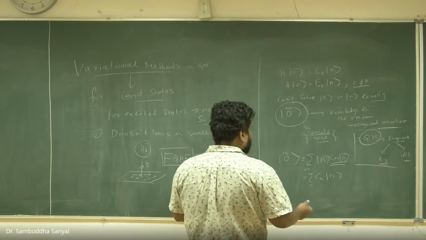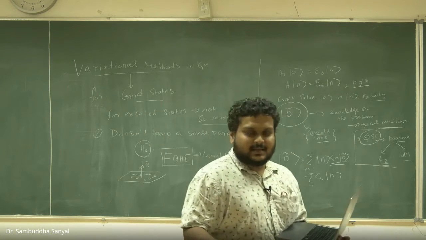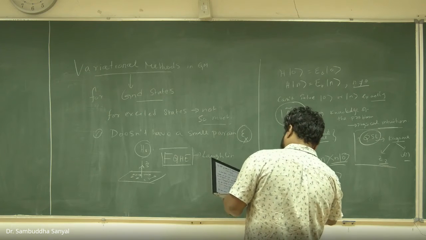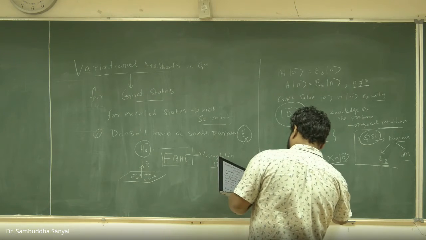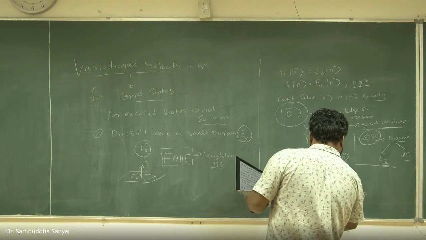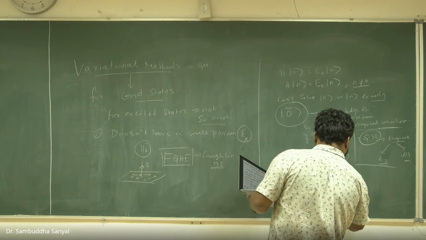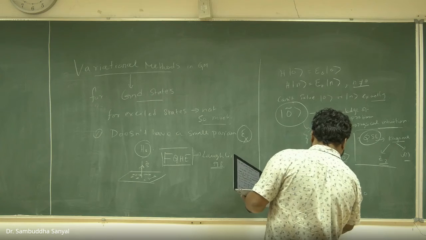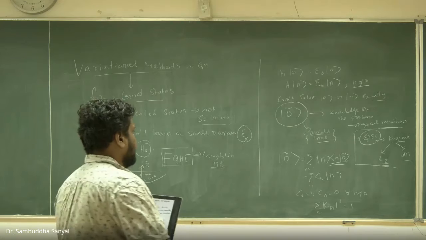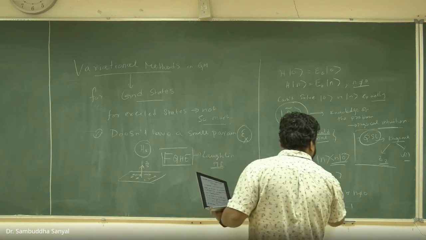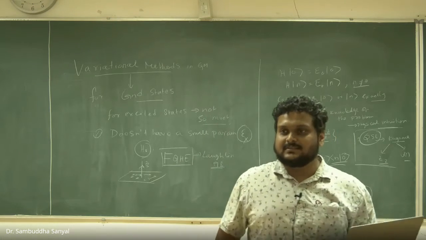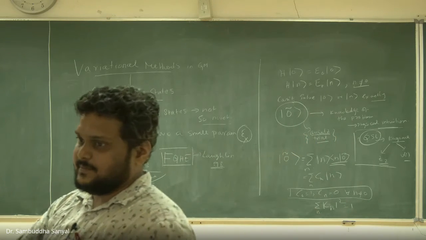For a very good, very correct answer, we know that C0 will be 1 and Cn will be 0 for all n not equal to 0, and the sum over Cn squared must be equal to 1. This must be true for a very good answer, because that means you have exactly got the ground state. But the quality of answers could be determined by how small the Cn are, if you can express them in terms of the X.